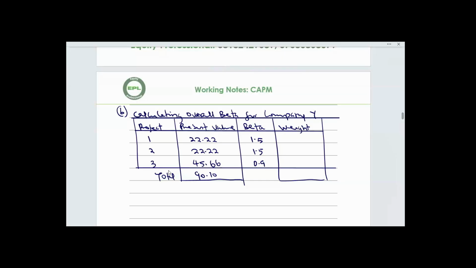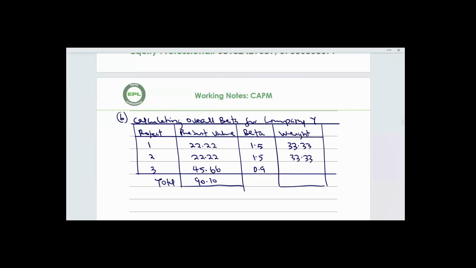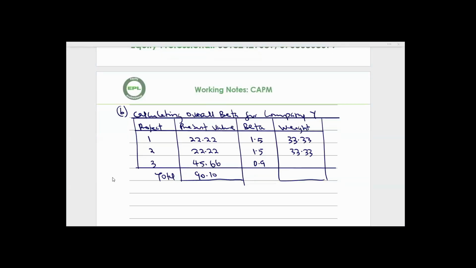So I would then say 22.22 multiplied by 1.5 equals 33.33. The same thing, 33.33. Then 45.66 multiplied by 0.9.